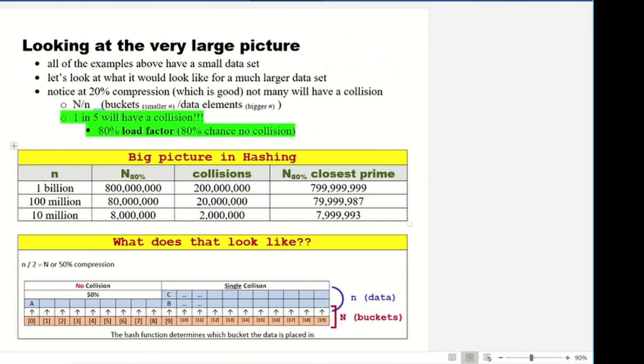Now, I need you to pretend something here for a moment. It's not going to be hard to pretend this. Pretend that you have a very, very large set of data that's coming in. Right now, what we've been playing with is chicken crap. You've been playing with 50 numbers, if that. 29, I think.